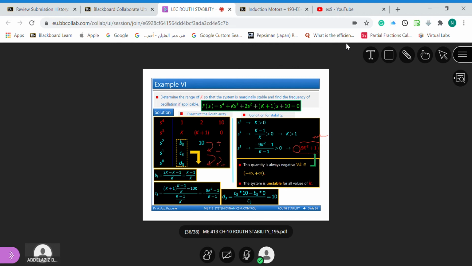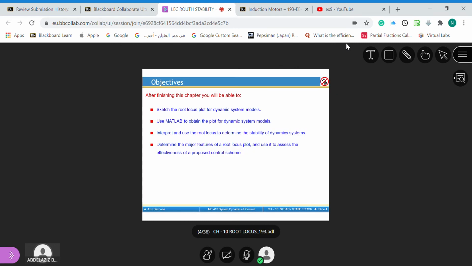So now, since we have this parameter playing around, the next topic will be: if the value of K is changing, how the roots are varying within the S-plane, how the roots are varying or playing, which we can call the root locus. It means when the value of K is varying, what will be the change of the roots.